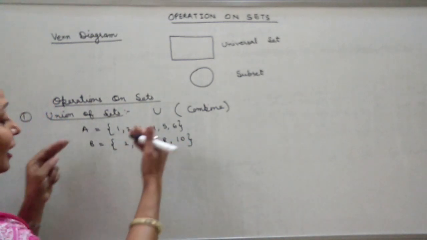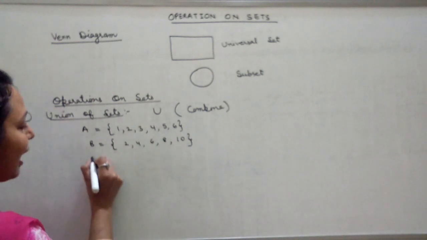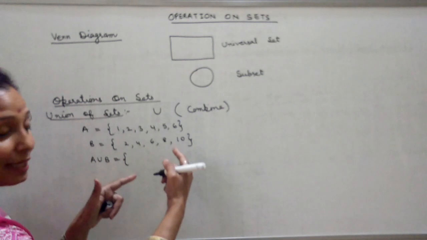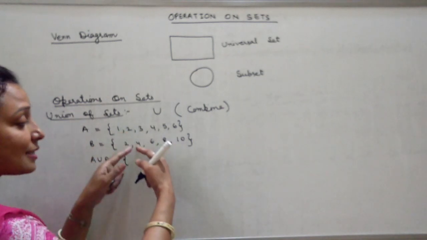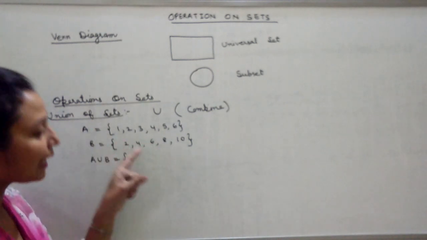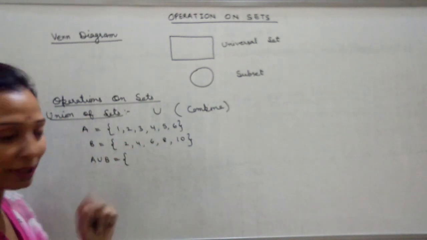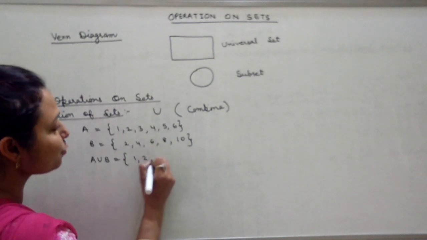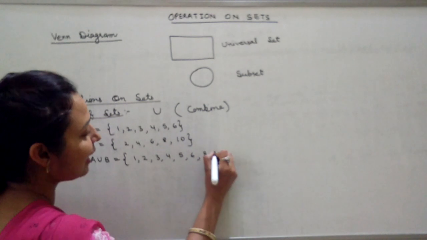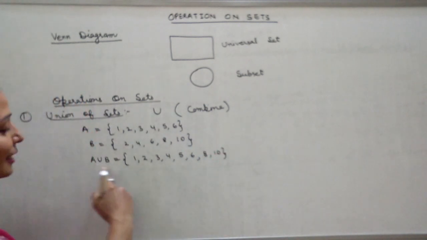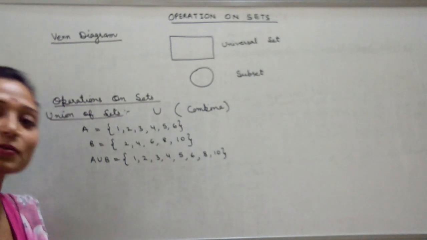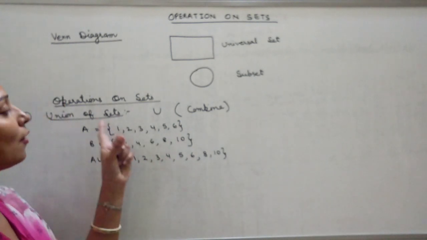A union B means you have to combine the elements of both sets, but the element which is repeated in these two sets, you have to write only one time. So you write 1, 2, 3, 4, 5, 6, then 8 and 10. This is known as A union B. The combination of two sets is known as the union of sets.